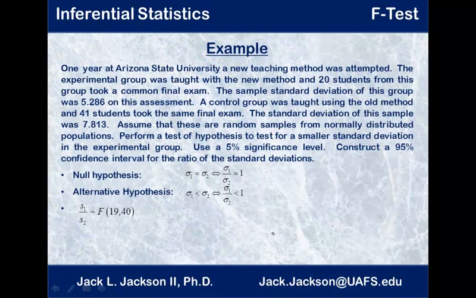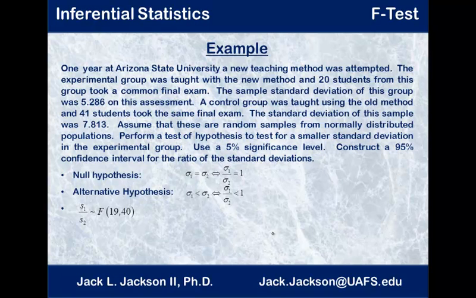Now remember that the null hypothesis is that the two standard deviations are the same, or the two variances are the same. And of course that means that the ratio of the two standard deviations is 1, and the ratio of the two variances is 1. The alternative hypothesis is, in this case, a left-tailed hypothesis that the standard deviation of the first sample is less than the standard deviation of the second sample.